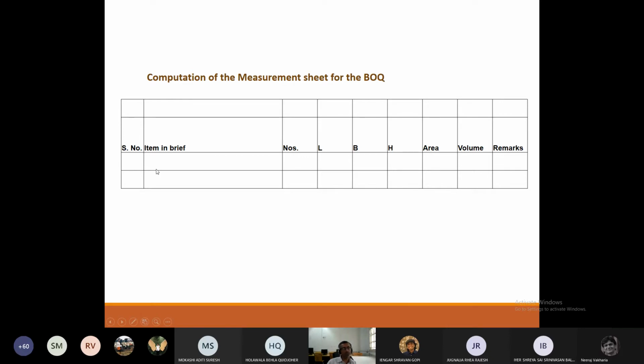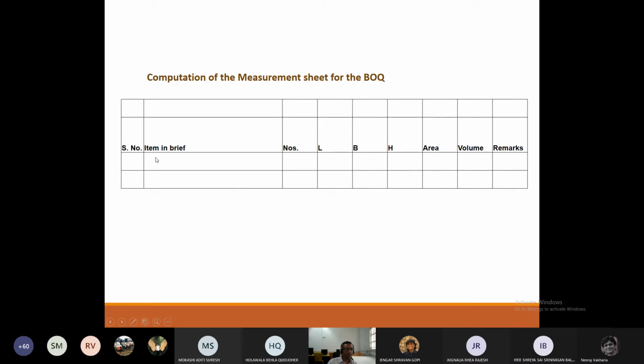What does this measurement sheet do? It first allows you to fill in values. Suppose I am calculating plaster work. My left side wall has a length of so much, a breadth of so much, and a height of so much. It gives me an area of that much.